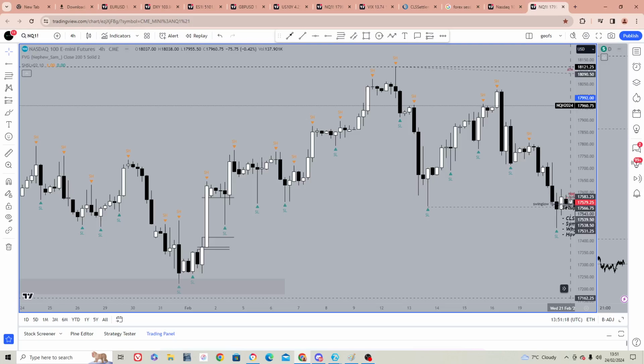As you know, we have a 3-step process. First of all, swing structure and resting liquidity on the book. Second is intraday levels. That's from market profile and volume profile.